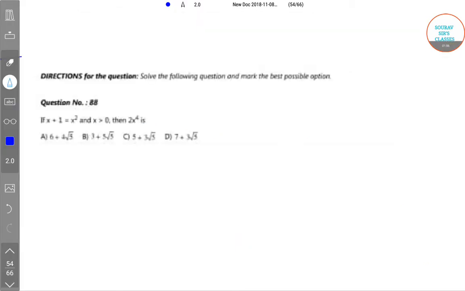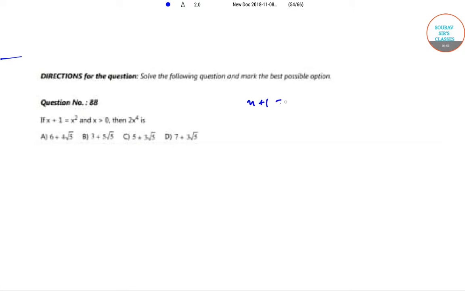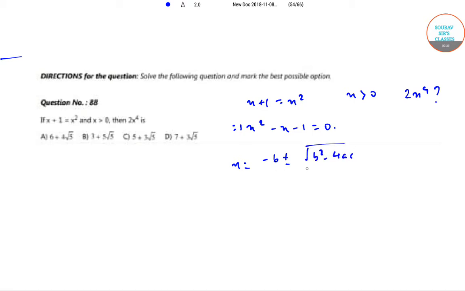The next question is, if x plus 1 is equal to x squared and x greater than 0, then 2x to the power 4 equals, so since x plus 1 is equal to x squared, from this we get x squared minus x minus 1 is equal to 0. Now we know that roots x is equal to minus b plus minus root over b squared minus 4ac by 2a.